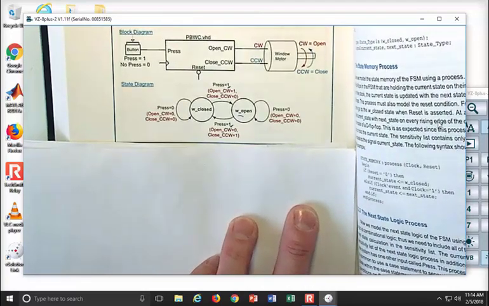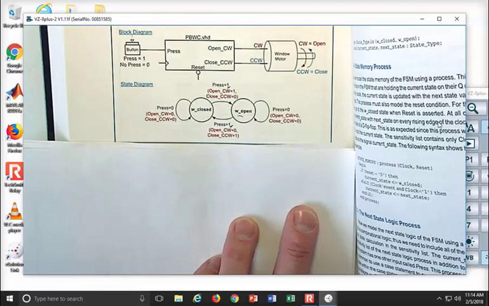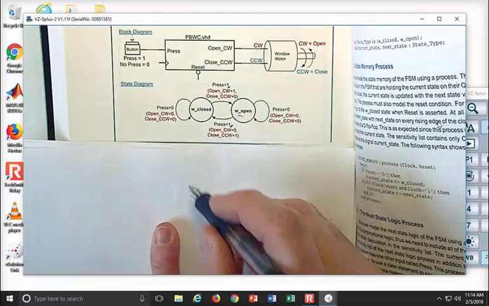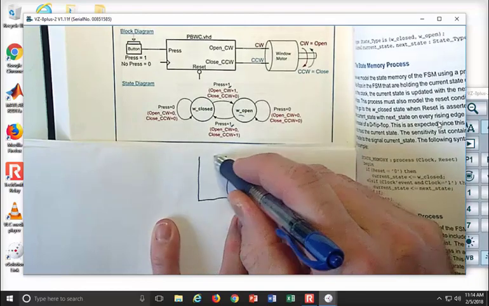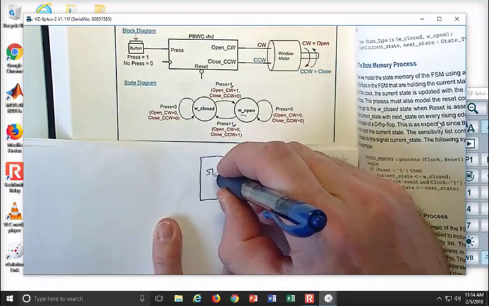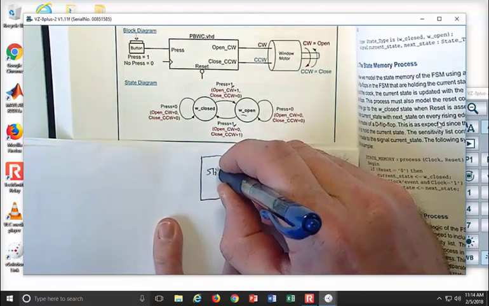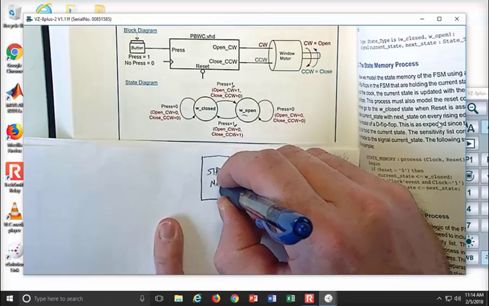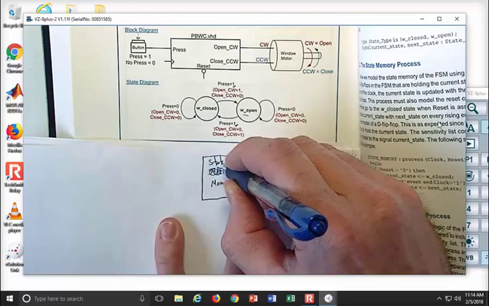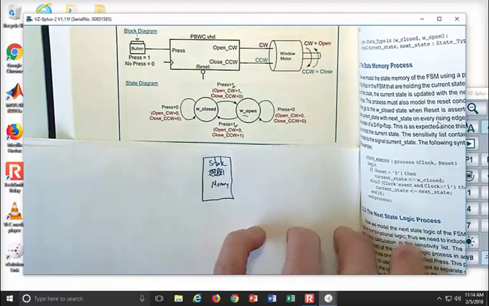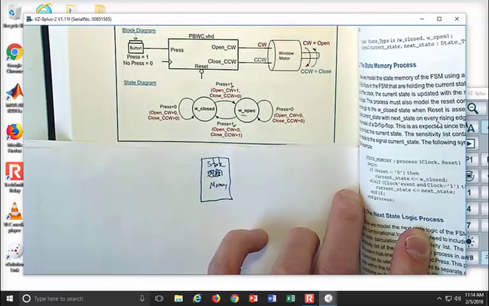Okay. You always build a finite state machine using 3 blocks. Okay? The first block is going to be called state memory. State memory. It's going to hold your current state. That's its whole job. Okay?